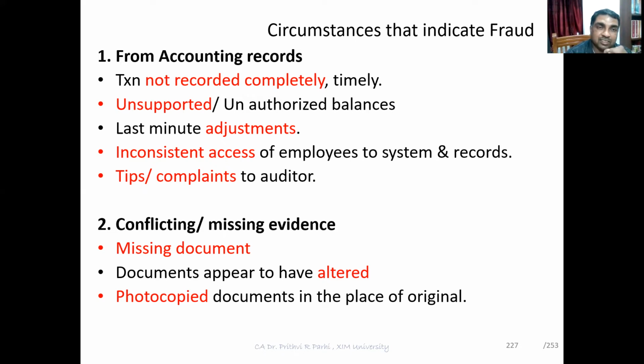And one may find last minute adjustments. On 31st March, you can find so many journal vouchers are passed. Or one can find inconsistent access of employees to systems and records. Different people at different points of time are given access, which the situation doesn't warrant.